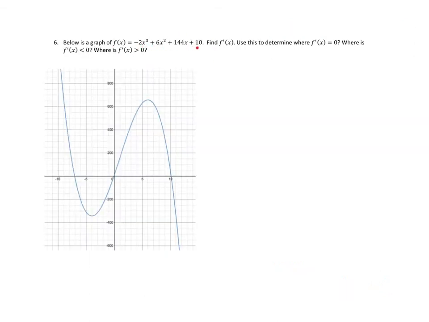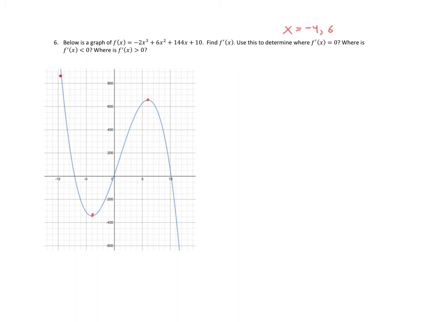So given this function, represented by this graph, where's the derivative 0, negative, and positive? It looks like it is 0 at two places. I'm going to mark those. Looks like that's here and here. So perhaps the x values are, it looks like, -4 and also +6. Now, where is your derivative negative?